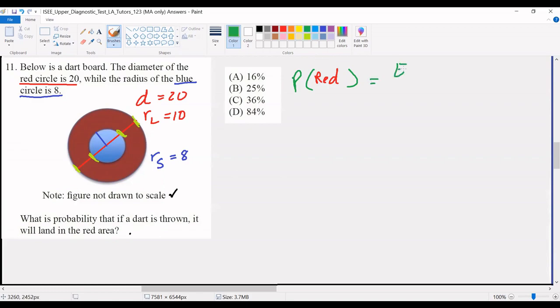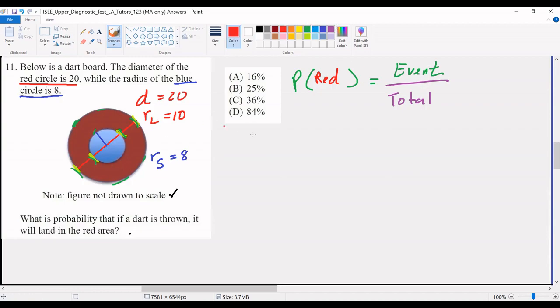So we have our event, which is going to be the donut section area going around the circle. And our overall sample space, or the total, will be the entire circle, all the total area. So let's find our event.